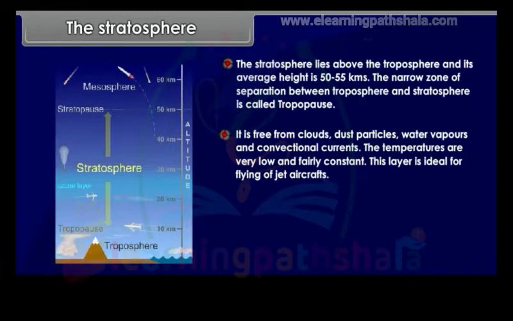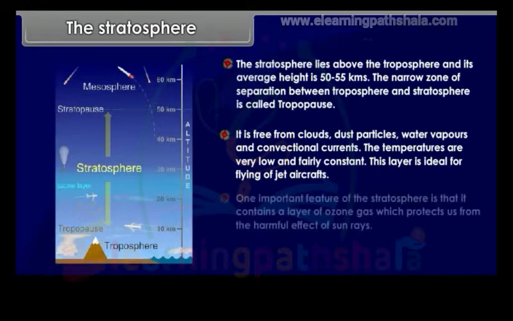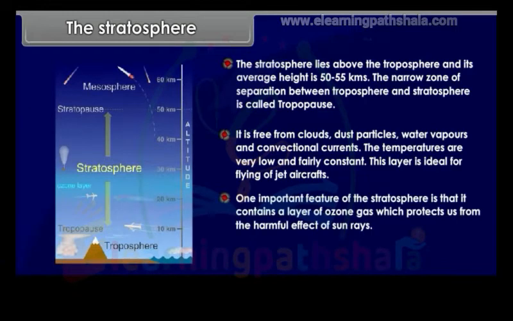The temperatures are very low and fairly constant. This layer is ideal for flying of jet aircrafts. One important feature of the stratosphere is that it contains a layer of ozone gas which protects us from the harmful effect of sun rays.